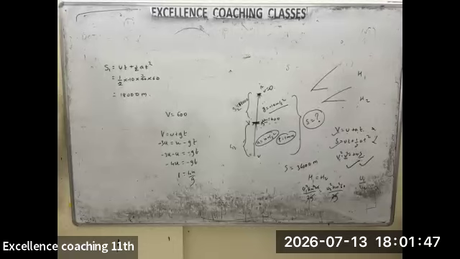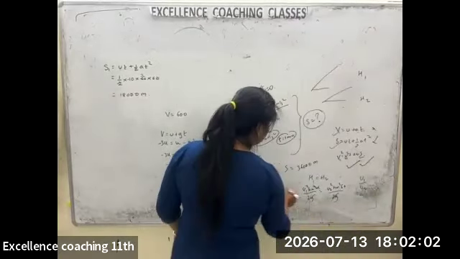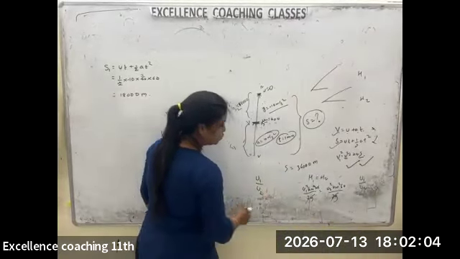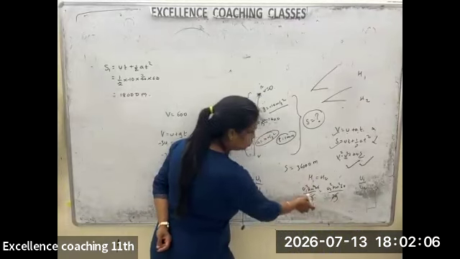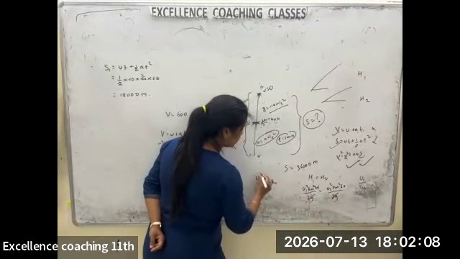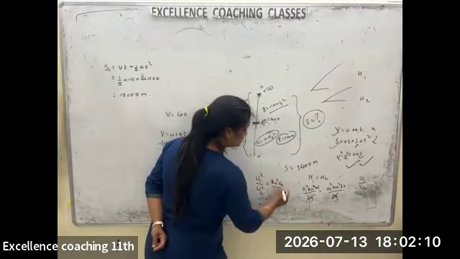U1 upon U2 is sin 60 upon sin 45. Yes or no? Sin 60 is how much? Root 3 by 2. Sin 45 is how much? U1 upon U2 you are finding out, no? U1 upon U2 will be sin square 60 upon sin square 45.